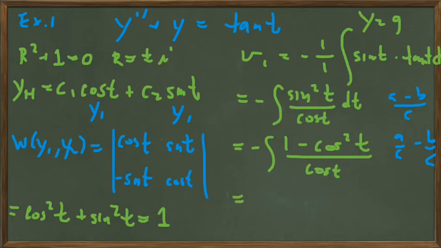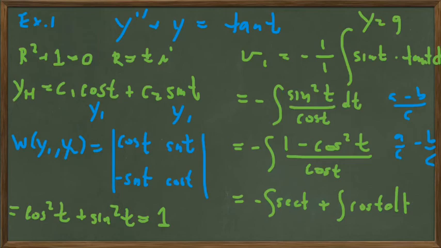minus the integral of 1 over cosine, which is secant of t, and then the second integral, minus cosine squared over cosine, with 2 minus signs, so it's plus the integral of cosine t dt.